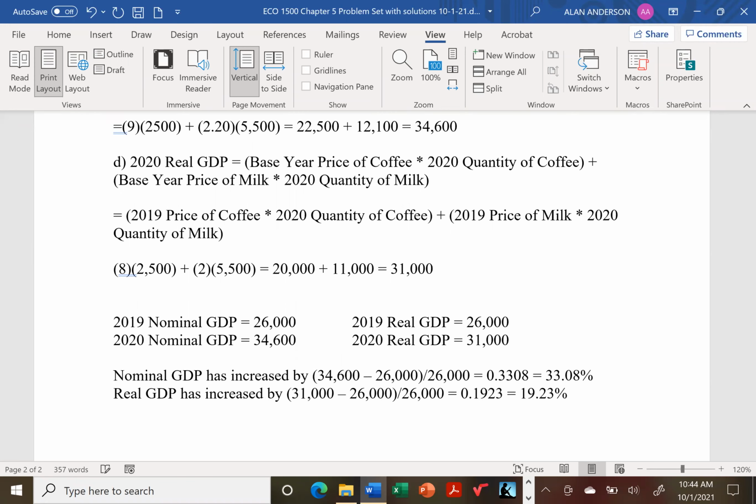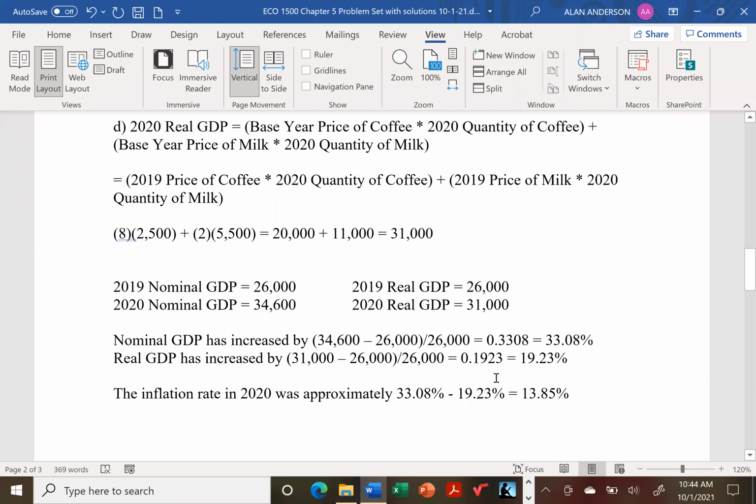All right, so what that basically means then is that the inflation rate in 2020 was approximately 33.08% minus 19.23%. The difference between those two is 13.85%.